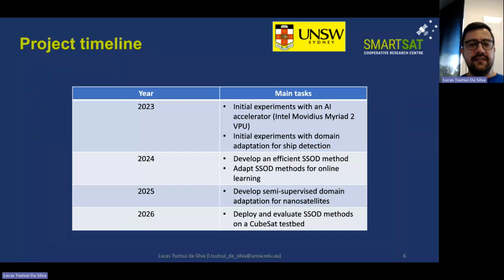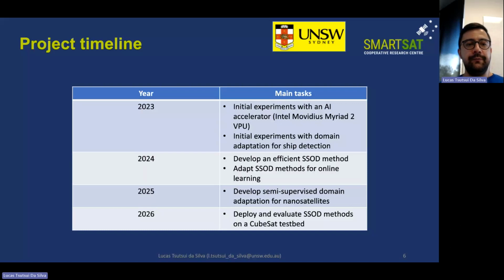These are the tasks that we planned to develop during my PhD candidature. During the last year, we performed some initial experiments with neural network accelerator and domain adaptation for ship detection. And currently, we are working on making the SSOD methods more efficient in terms of training time, so we can execute them on the CubeSats and nanosatellites, which have more restricted hardware compared to the server computers that we usually use to train these models.